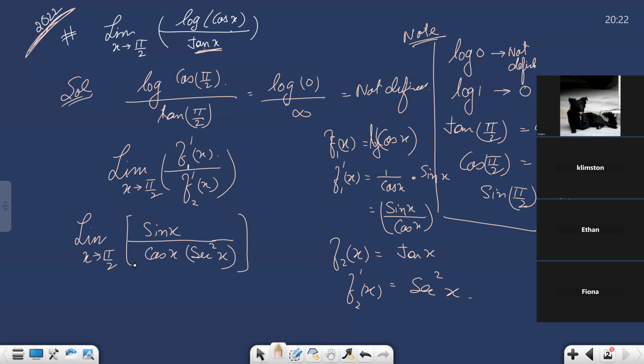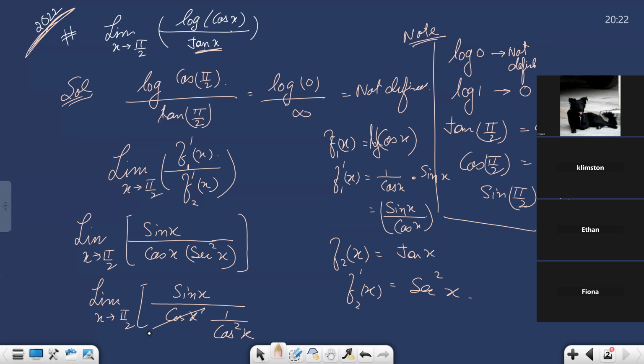So a little bit of solution is required. Limit x tends to pi by 2. Here we have sin x and here we have cos x. What is sec? Sec is 1 by cos, the reciprocal of sec is cos, that is square x.